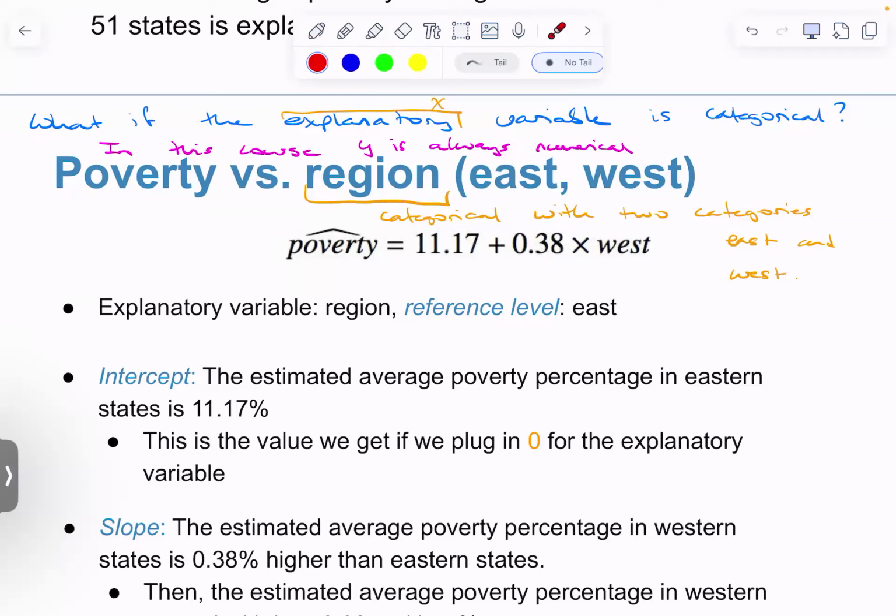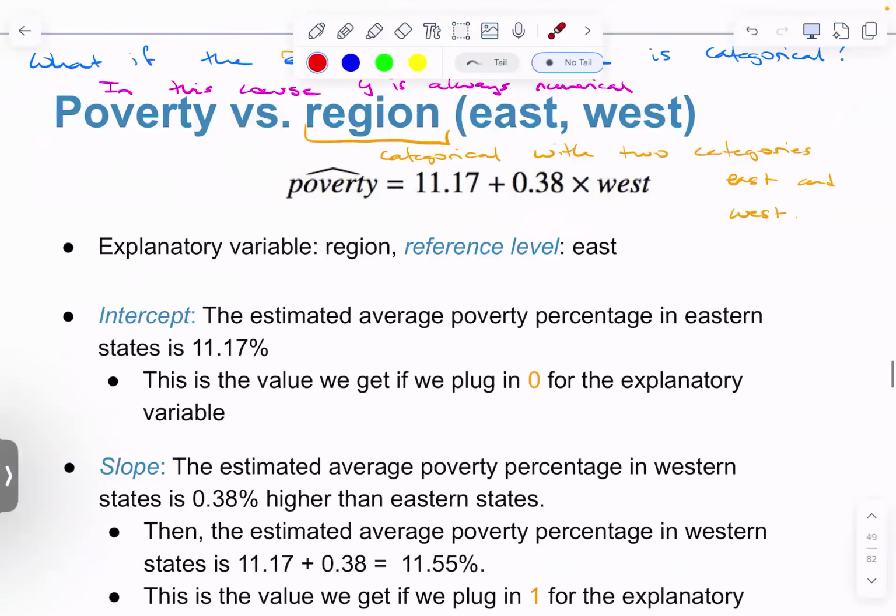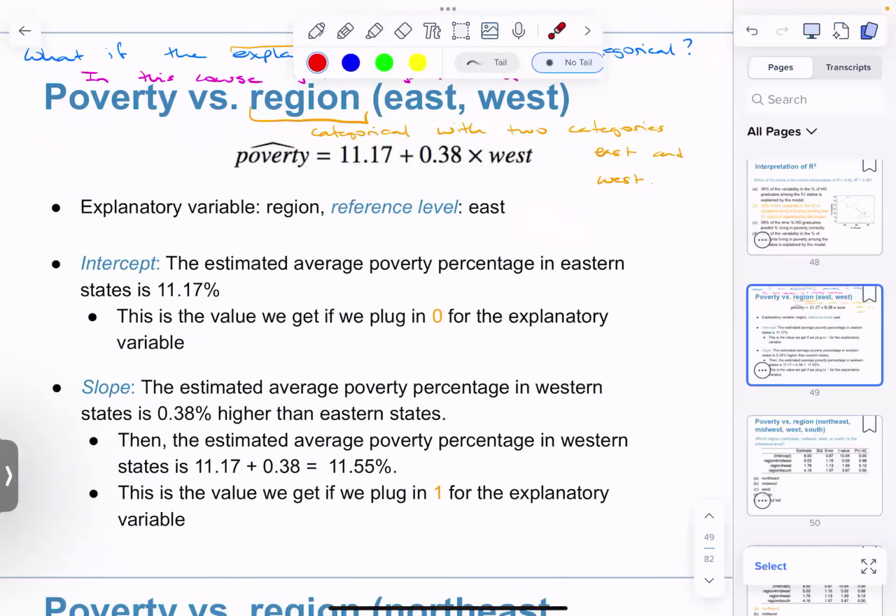We can fit this model. We're still predicting the percentage in poverty, but now this West is what we call a dummy variable. It's just a placeholder for a 0-1 situation.